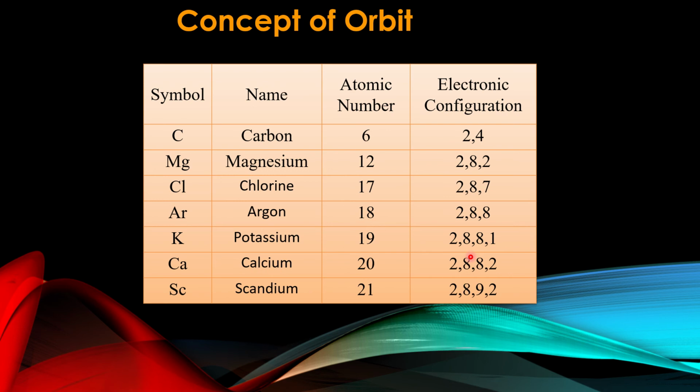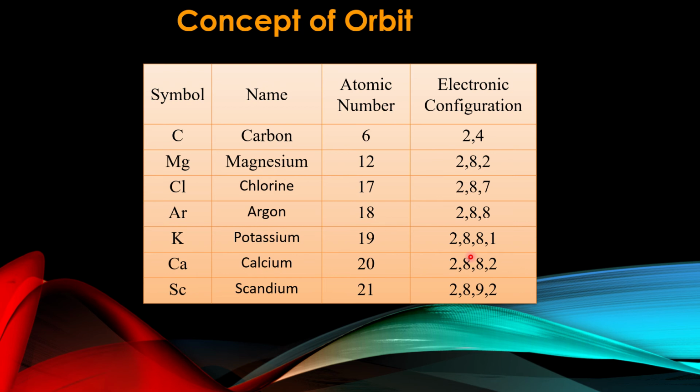And today in this class we will learn about orbitals. At first we have to learn what is orbital. When you get the idea of orbitals, then you can do the electronic configuration of every atom.